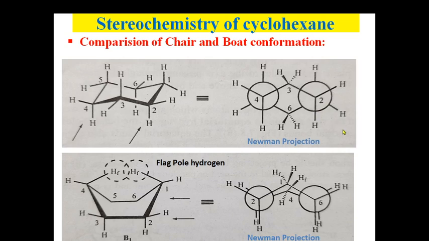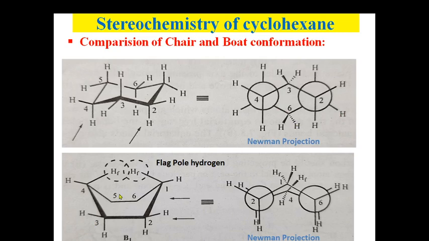So there are no eclipsing hydrogens present. And as there are no eclipsing hydrogens and no angle strain present, this chair conformation is highly stable, and therefore its energy is considered to be 0 kilocalorie.